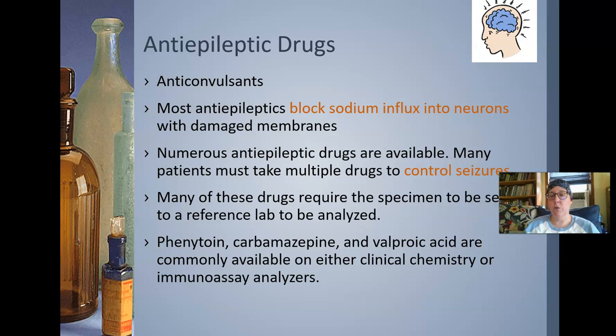Many of these drugs will require a specimen to be sent to a reference lab to be analyzed, but there are some that are commonly analyzed in the lab. Phenytoin, carbamazepine, and valproic acid are three very commonly available in your regular lab, on your normal clinical chemistry or immunoassay analyzer.